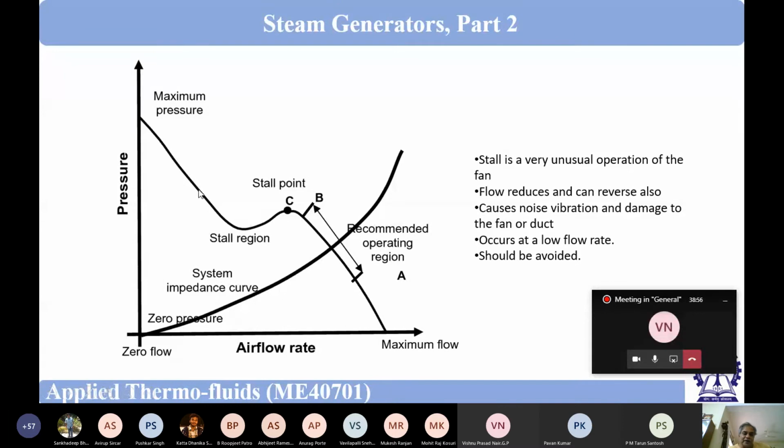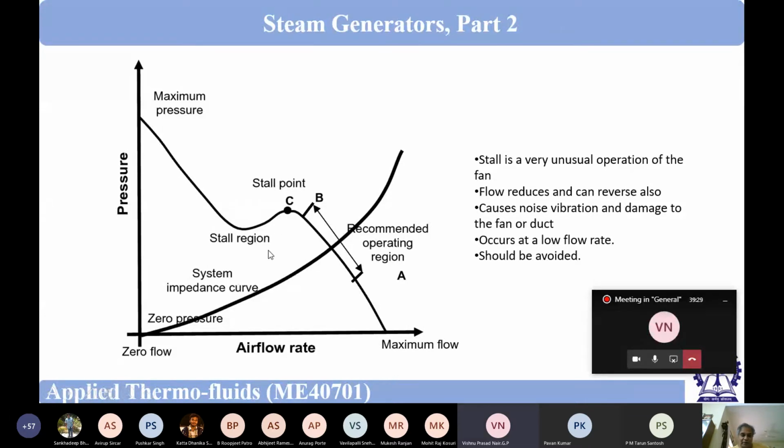Suppose I have selected a fan and selected the ducting in such a way that my ducting and fan characteristic curve is cutting somewhere over here. So this is in the stalling region. I have to avoid that by increasing or decreasing the resistance of the path, or by selecting another fan, or by selecting another pitch angle or RPM. So I have to avoid the stall.